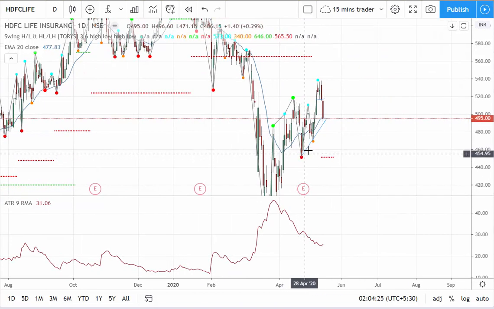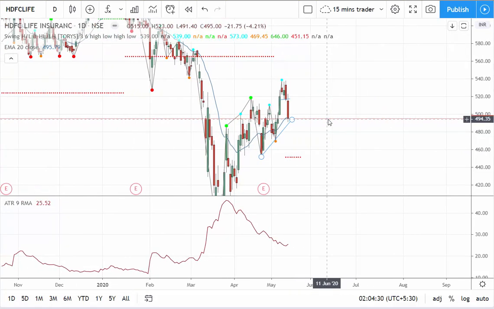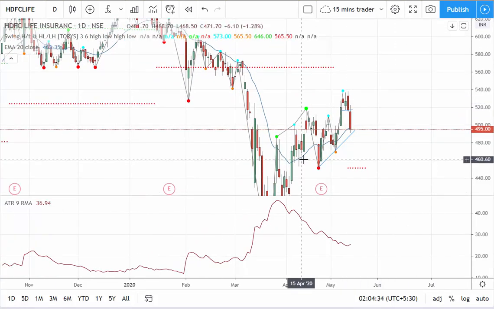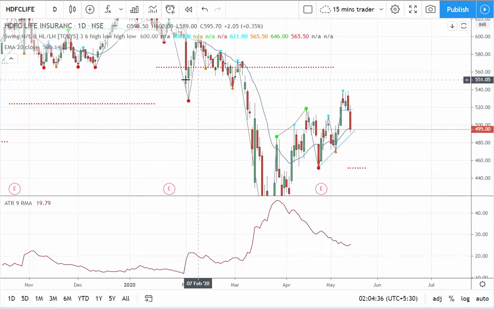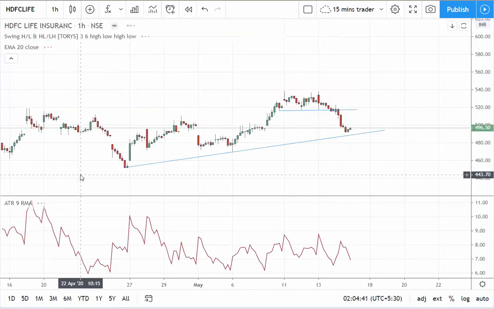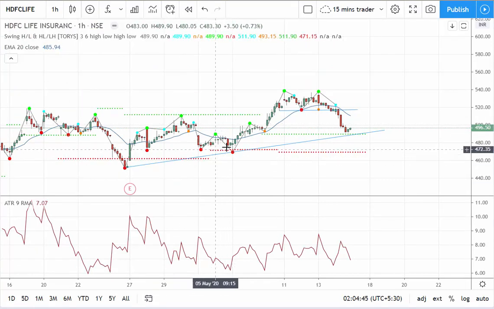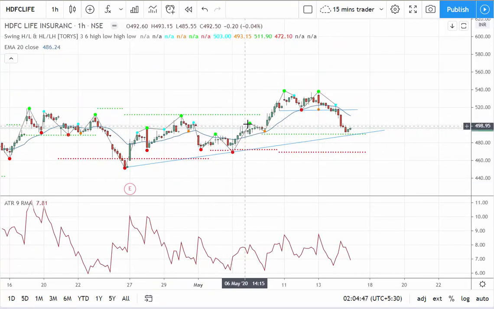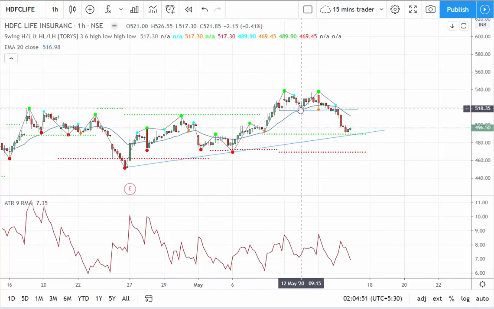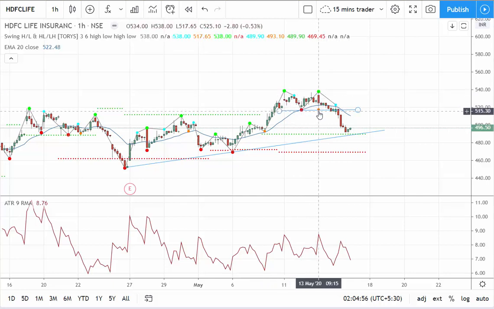What I've done is connected these two lows and extended it. You can see on the daily chart the stock is moving up. On the hourly chart, you can see the swing is moving high, consolidation, move high, consolidation.